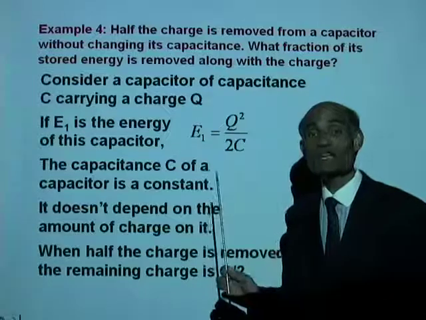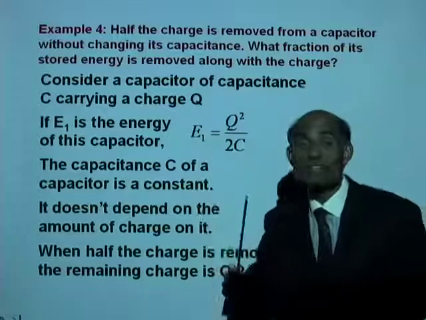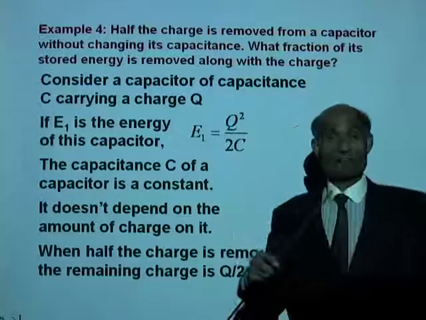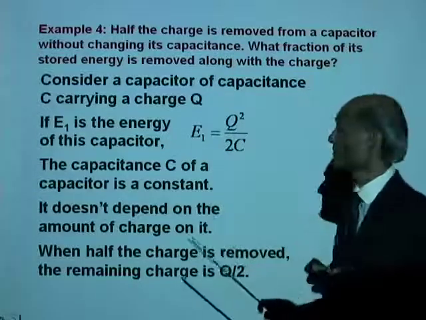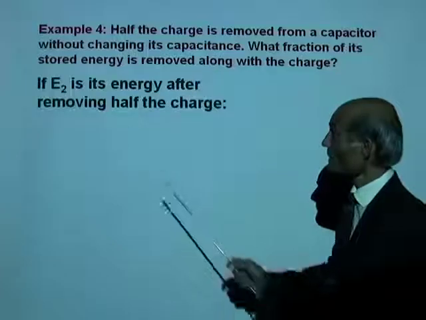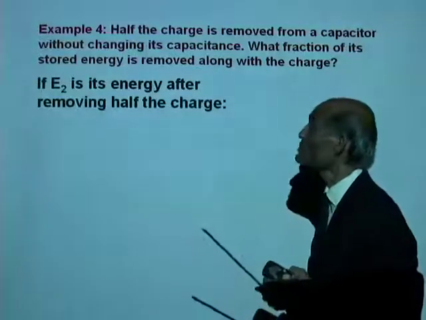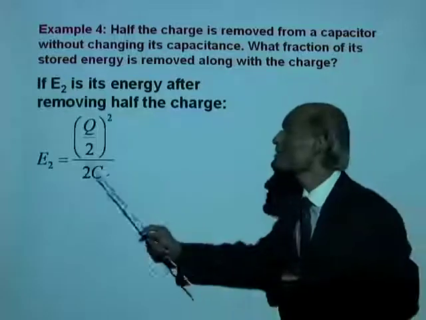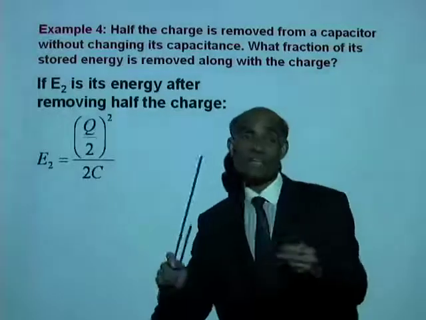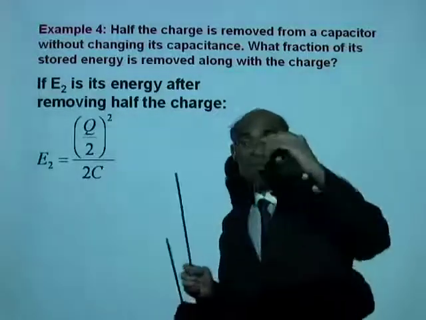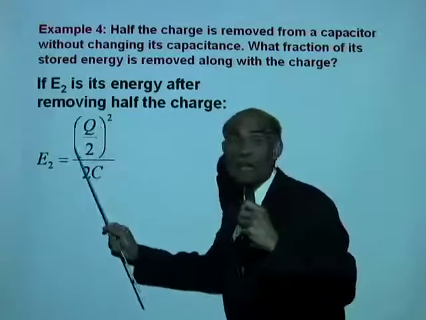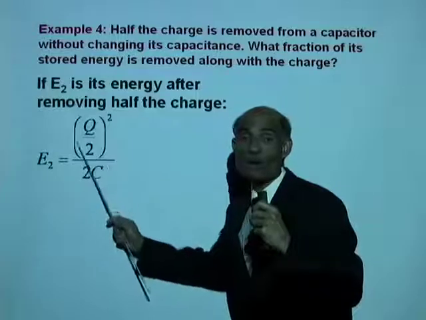Therefore, can you write an expression for the energy of the capacitor after half the charge has been removed? If E2 is the energy after removing half the charge, then E2 will be Q squared over 2C. Now this time, only half of the original charge is remaining.